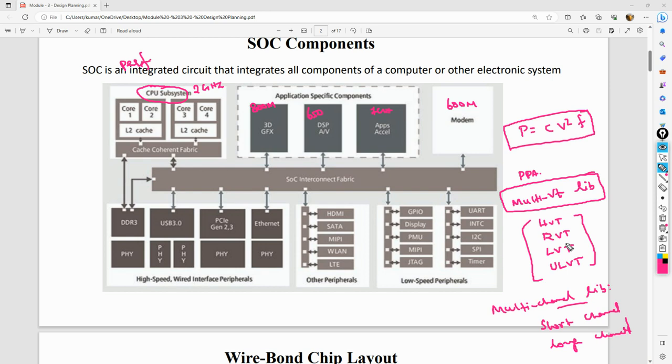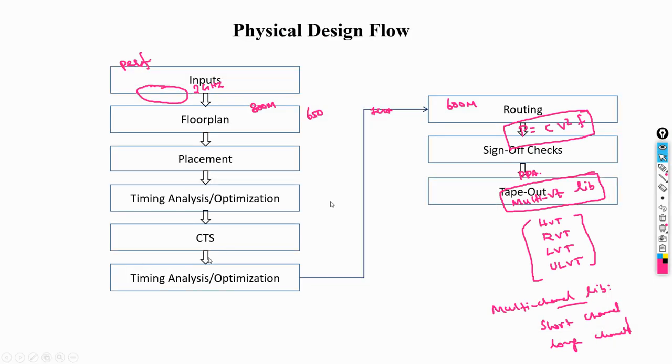So to answer your question, in the whole PNR flow, you try to target the best practices or optimization methods that will help you meet your PPA targets.